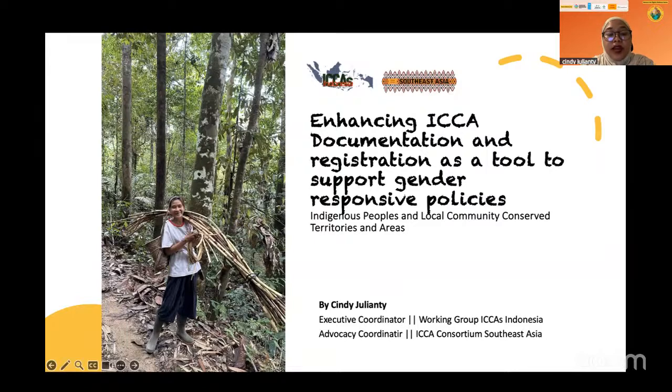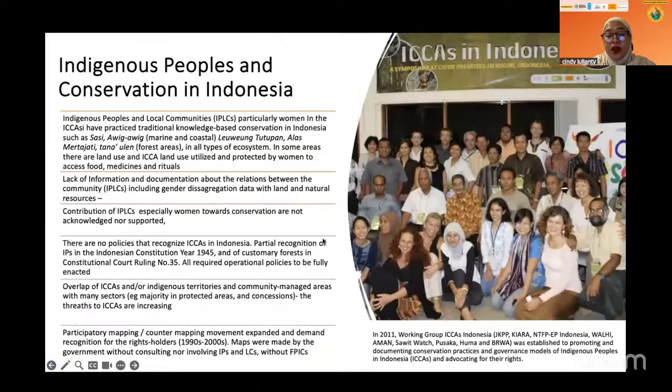And we created tools to do documentation and a platform for a national registry to increase the visibility of traditional knowledge and indigenous peoples and local communities' contributions to conservation, focusing on area-based conservation.